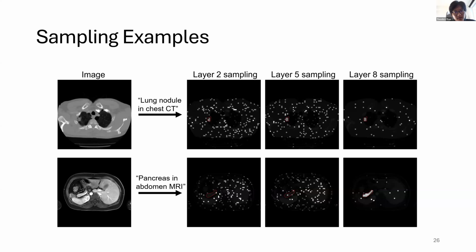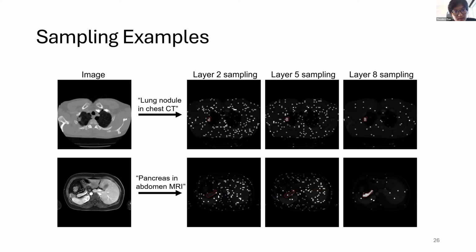Here are some concrete examples of the sampling. We input an image to the model and prompt the model with different text. The model has, in our case, a total of 9 layers. In some early layers, the visible patches are the patches sampled by the model in that specific layer. All the dark regions, the unsampled regions, are completely discarded, and the model was never able to see that part of the image.